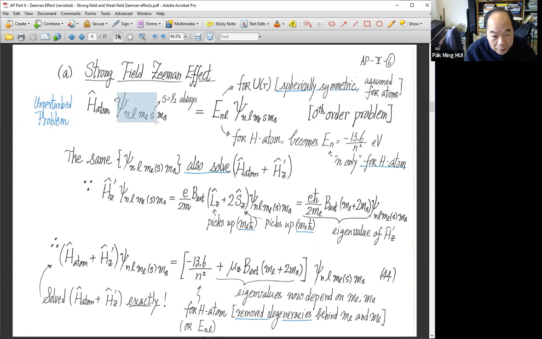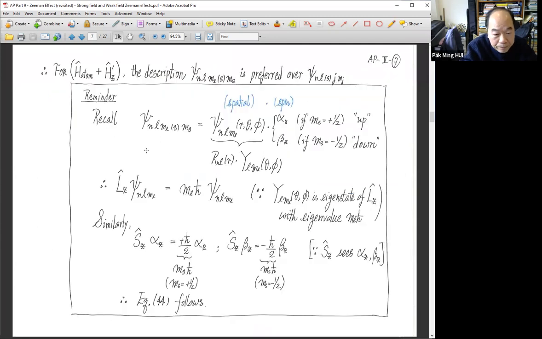This same set, when LZ operates on it, it will look for ML. When SZ operates on it, it will look for the MS quantum number. Therefore, this set are automatic eigenstates of the Zeeman term. Let's see. LZ operates on this thing, the orbital angular momentum Y_L^M(theta, phi). Look at the ML.